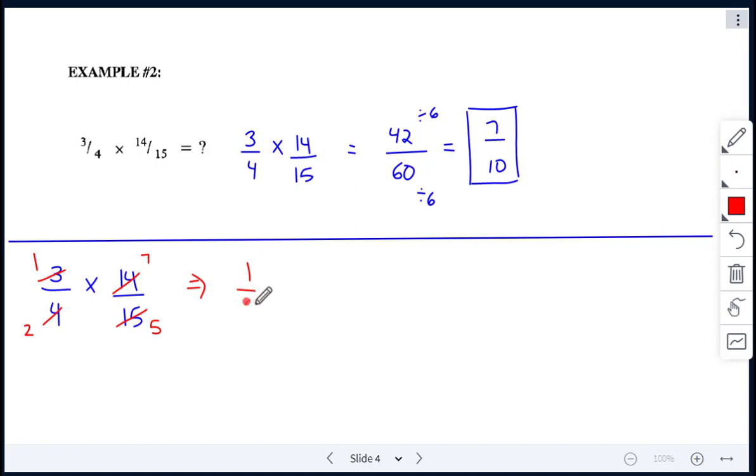It's 1 over 2 times 7 over 5. And now we just multiply our numerators together. So 1 times 7 is 7, and then 2 times 5 is 10. So we end up with the same answer with both methods, but by reducing first, you're working with smaller fractions, and then you're not reducing at the end.